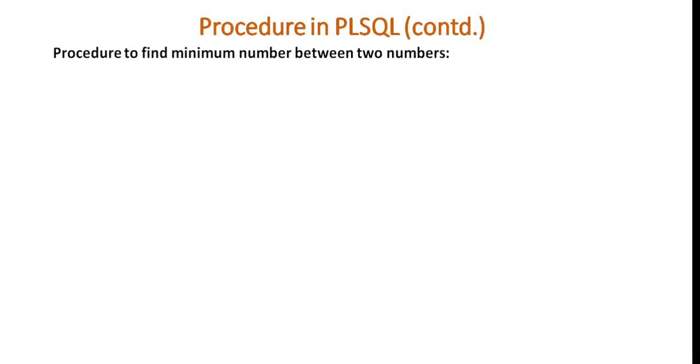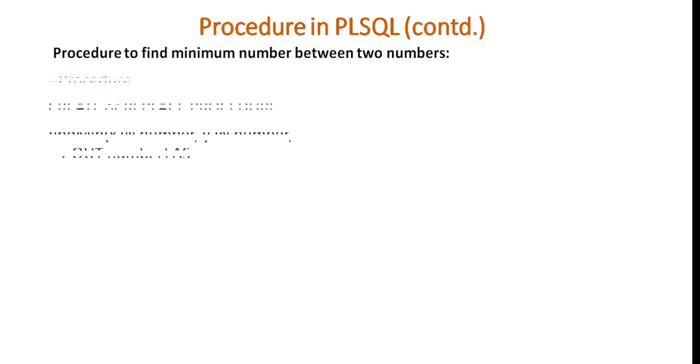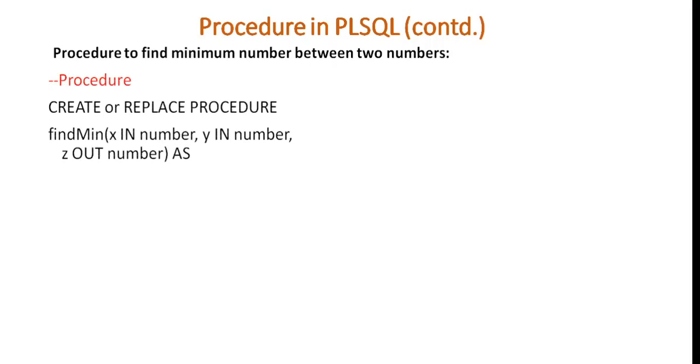Then let's see another example, a procedure to find the minimum number between two numbers. Here I have written the procedure like create or replace procedure find_min. Find_min is the name of my procedure because I want to find the minimum number. This procedure receives two parameters, x and y. These two parameters are input type.